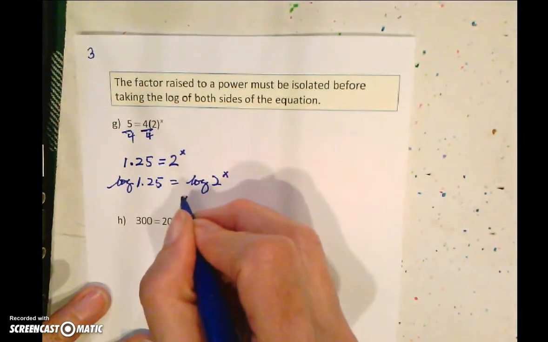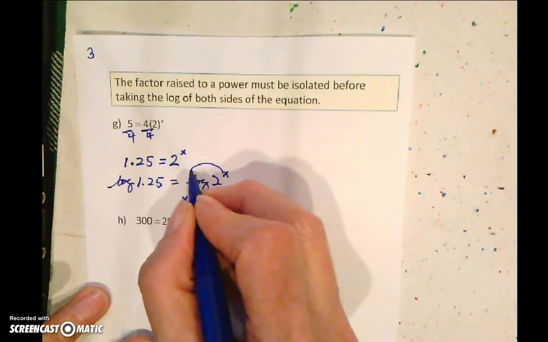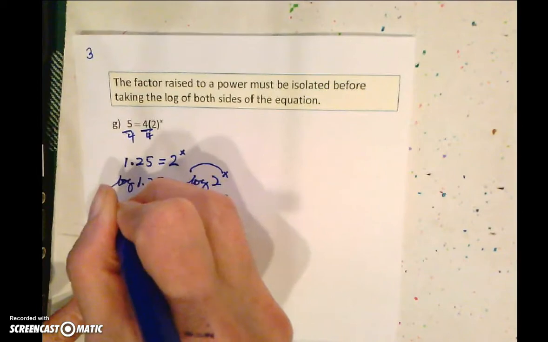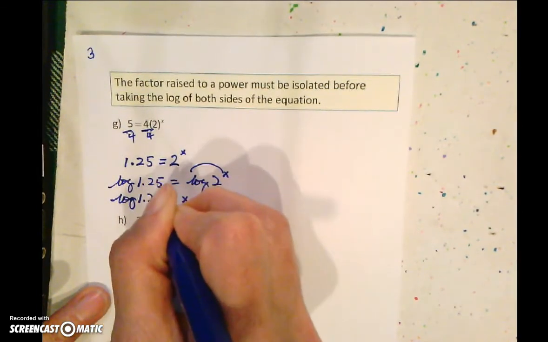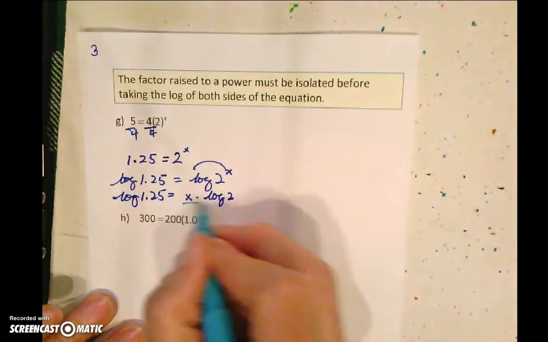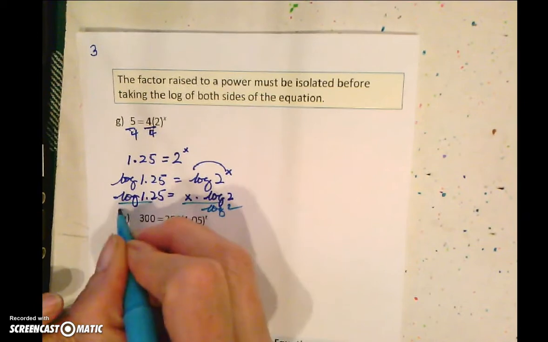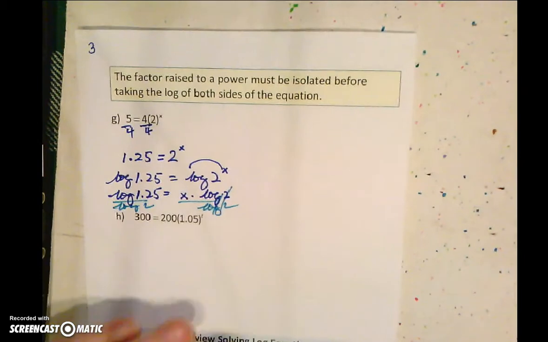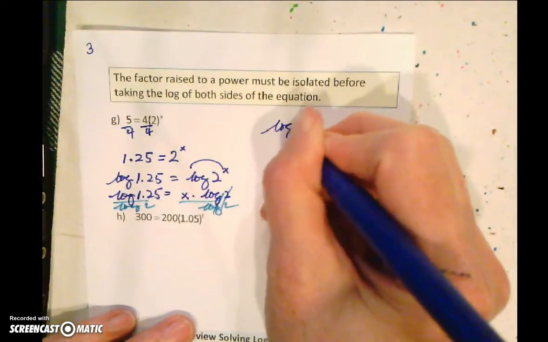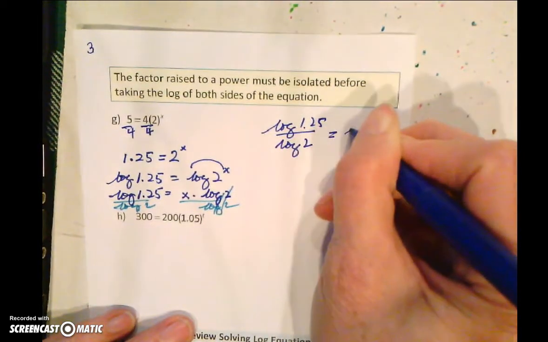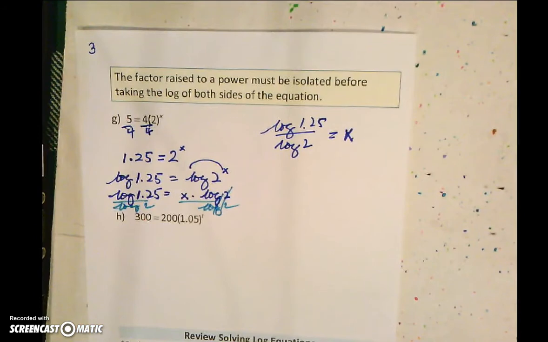The x is going to swing to the front here, and it's become x times log of 2 is equal to the log of 1.25. Then I'm going to divide both sides by the log of 2. And then I will end up with that I have log of 1.25 divided by the log of 2 is equal to x. And again, I will put that in my calculator to get the answer.